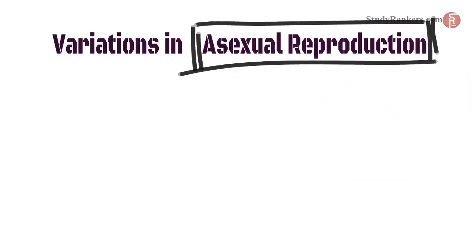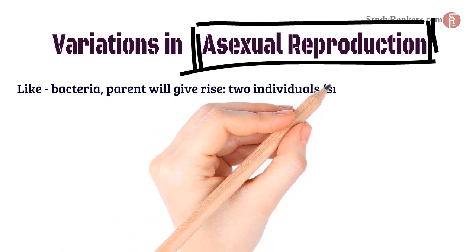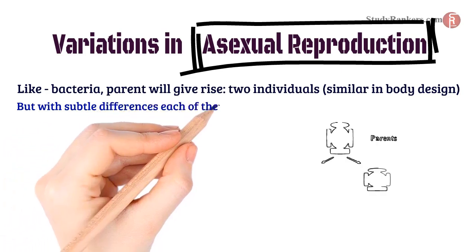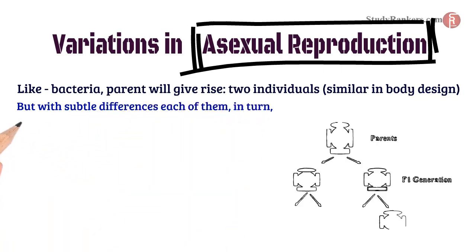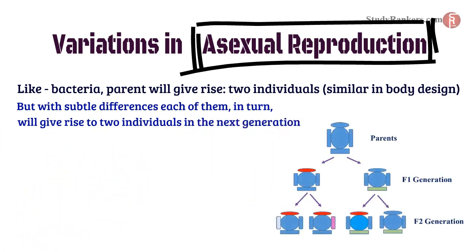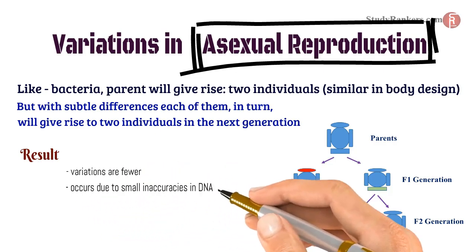In asexual reproduction, like bacteria, the parent will give rise to two individuals similar in body design, but with subtle differences. Each of them, in turn, will give rise to two individuals in the next generation. Results are, variations are fewer and occur due to small inaccuracies in DNA copying.